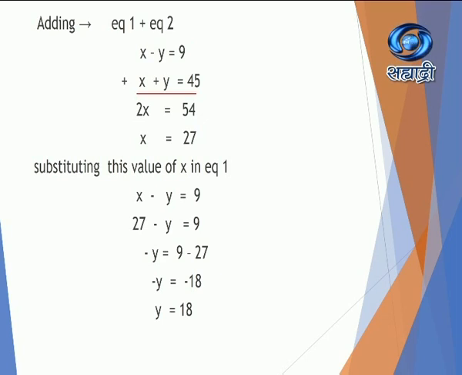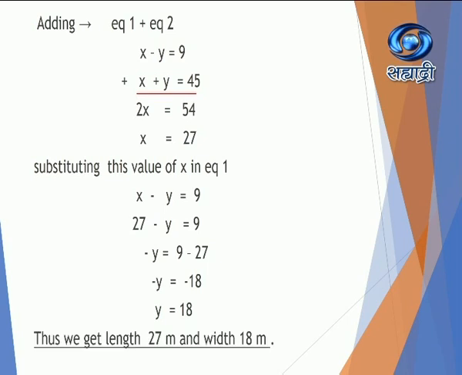Now, we have asked in the question what the length and width are. So, the final answer that we have to write properly is: thus we get length 27 meter and width 18 meter. Do not forget to write the complete sentence at the end of word problems specifically.